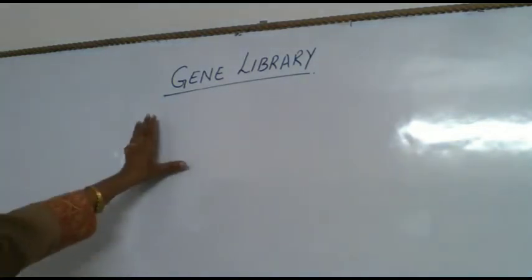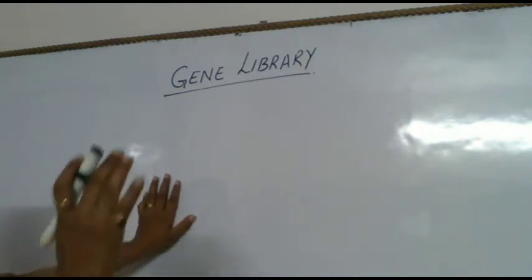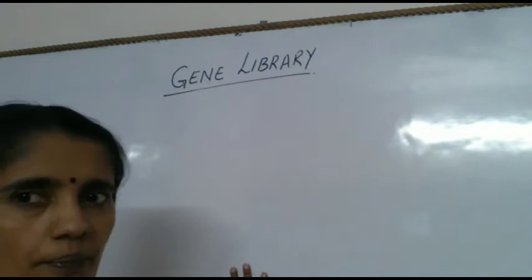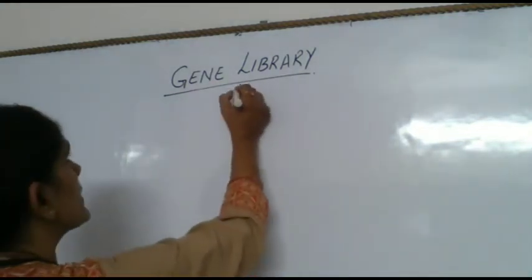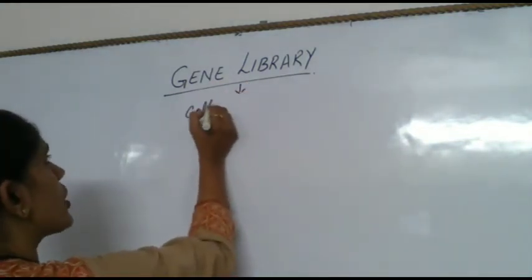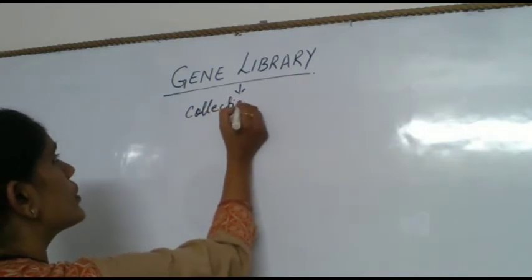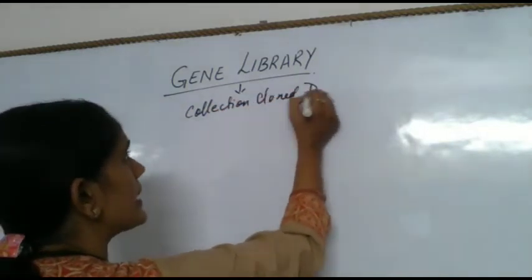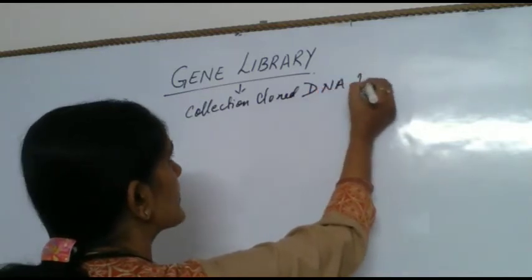So a gene library is a collection of cloned DNA fragments. Clear? It is a collection of cloned DNA fragments.